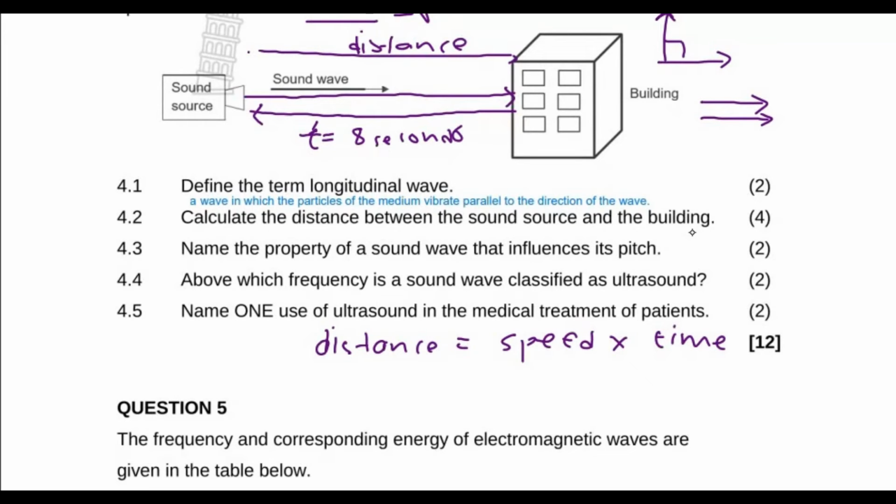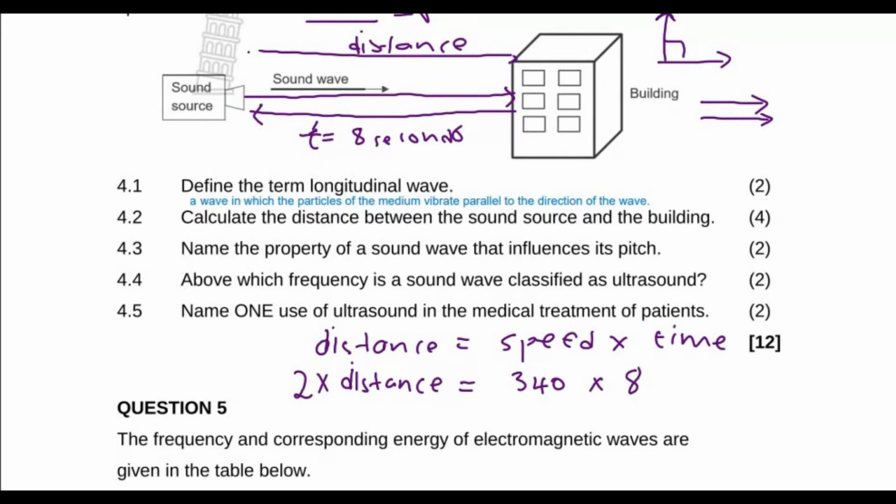It means that it took half the time to move from the source to the building, right? So you can just say the distance in this instance is actually 2 times the distance, because that sound traveled this distance towards plus this distance back, so that it can be detected at the source. And the speed of that sound was 340 multiplied by the total time it took to move to the building and get reflected back to the source.